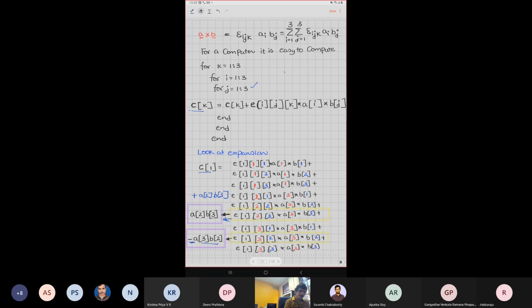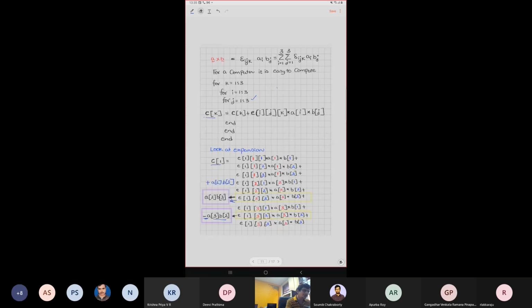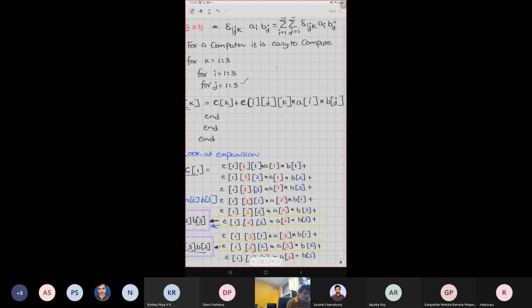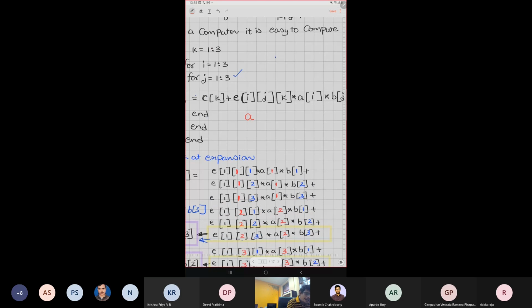Now I'm going to give you one simple example, which you have to tell me in the next class. This is for everyone. I would like to have A cross B crossing with T dotting with D. Is it permitted?